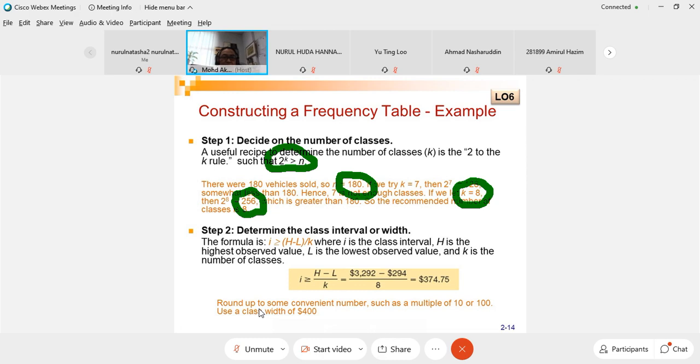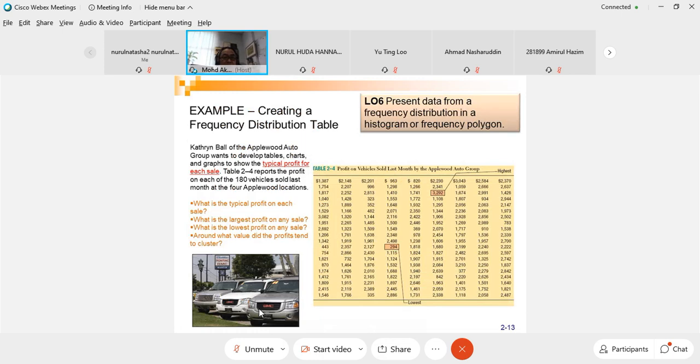The highest value of data we get is 3,292, minus the lowest data we have, 294. So in our 180 data, we take the highest value and the lowest value, subtract, and divide by 8, which is the result from step number 1. How do we get 3,292 and 294?